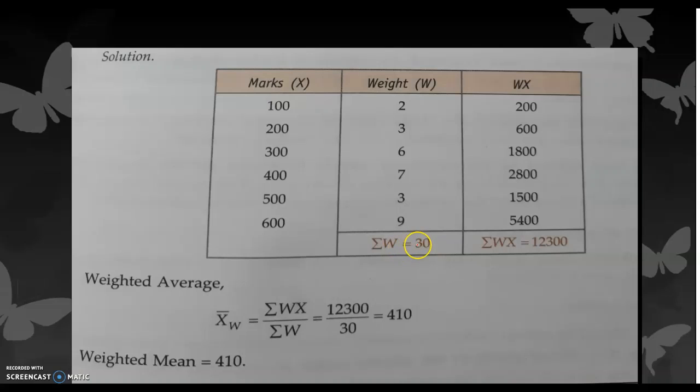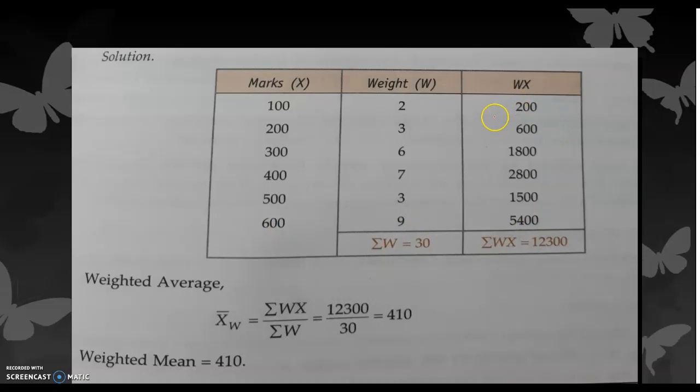So sigma w is equal to 30. Then what about sigma wx? First we have to multiply each mark with the weight. 100 multiplied with 2, we get 200. 200 into 3, 600. 300 into 6, 1800. 400 into 7, 2800. 500 into 3, 1500. 600 into 9, 5400.